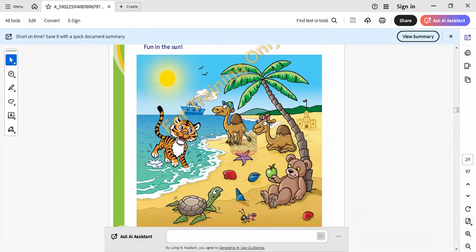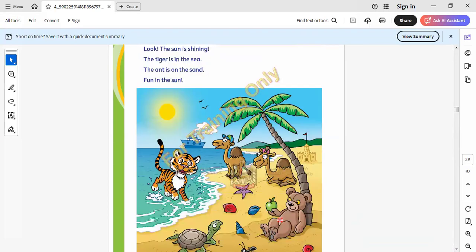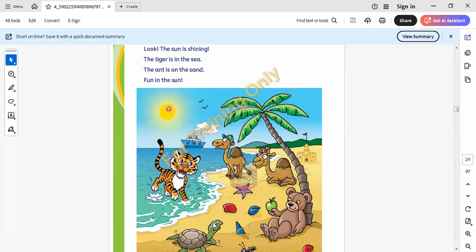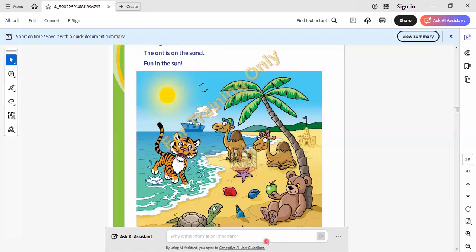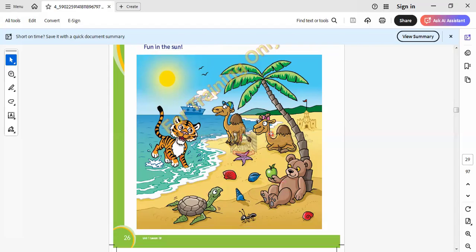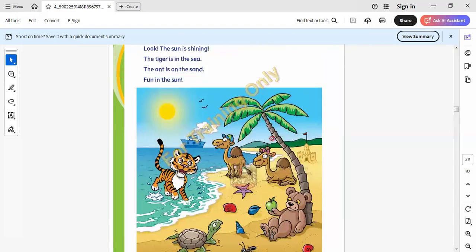Here is the ant, and here is the sand. The ant is in the sun. So here we know sun, tiger, sea, and this is the turtle that we took before, and this is pear and camel. Okay, I think we all knew this before.